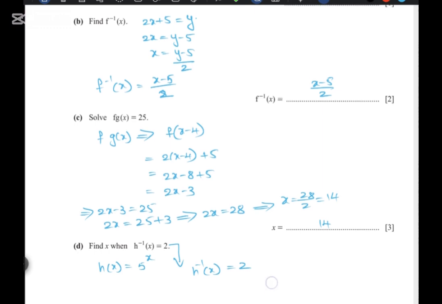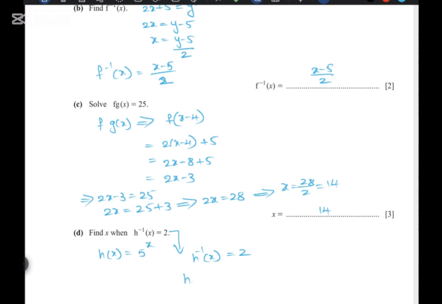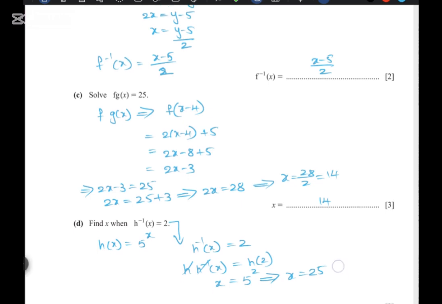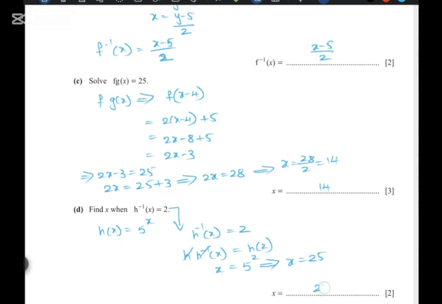So h of h inverse of x will be equal to h of 2. This cancels the h inverse along with h, and you will be left with x on the left hand side. Then h of 2 will be 5 raised to 2. This gives you x is equal to 25. So the answer is 25.